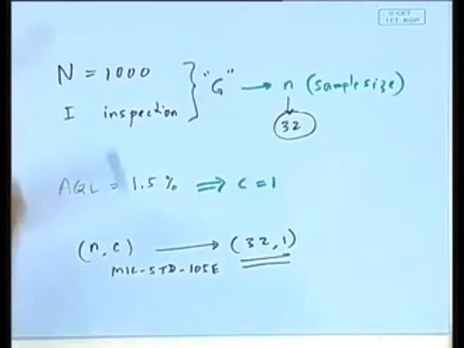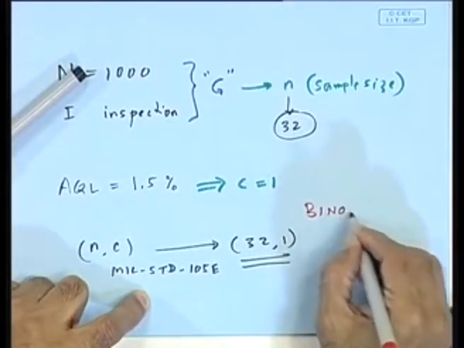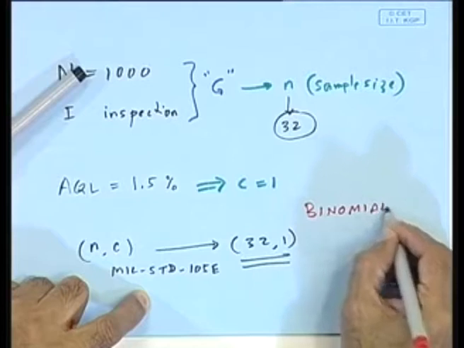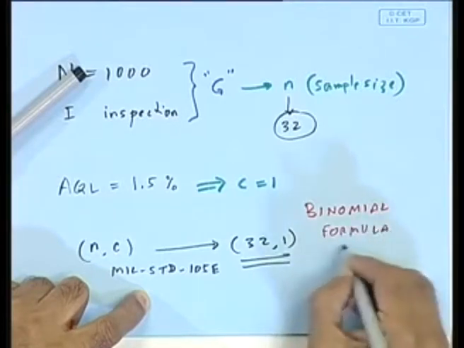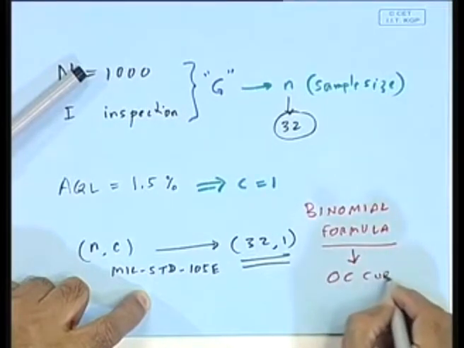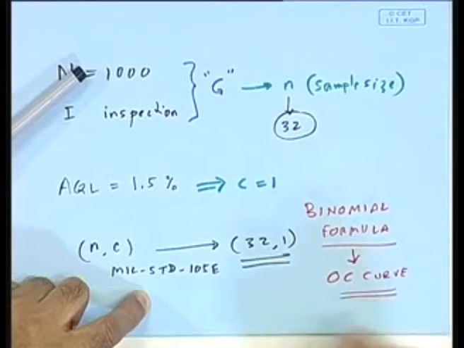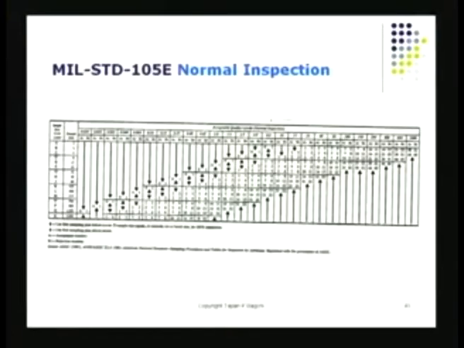Once the binomial formula could be used, I could use this to construct the OC curve. Why do I need the OC curve? Because I'd like to get some feel if this plan is going to be sufficiently discriminating for me to tell between good and bad.